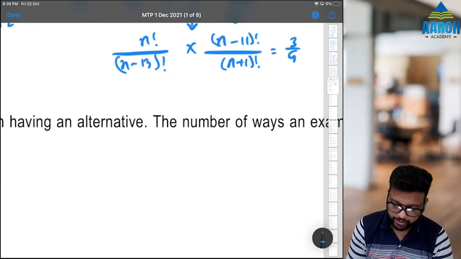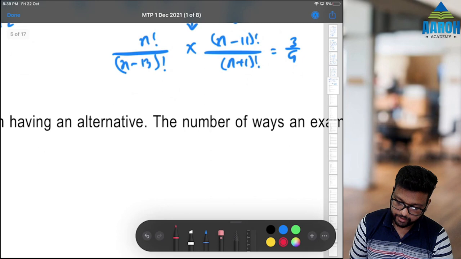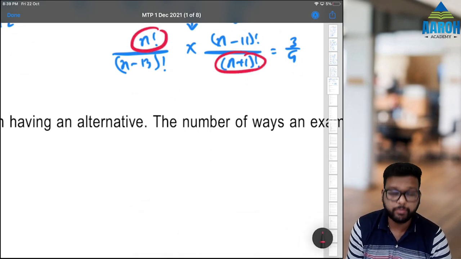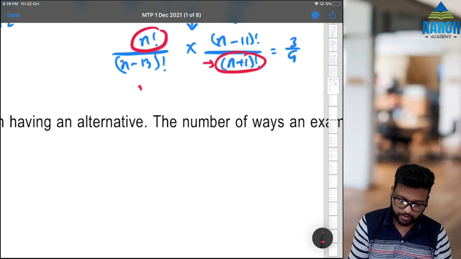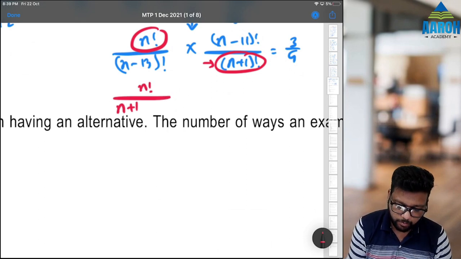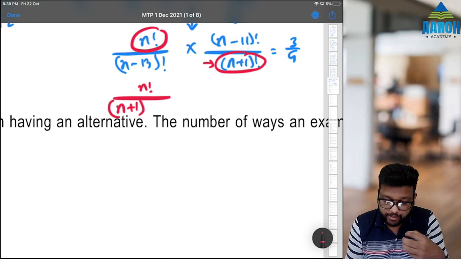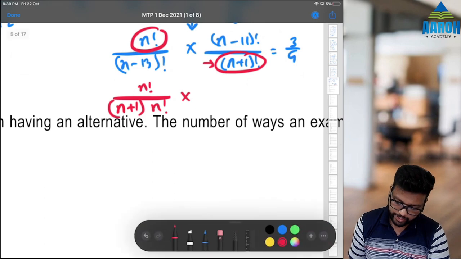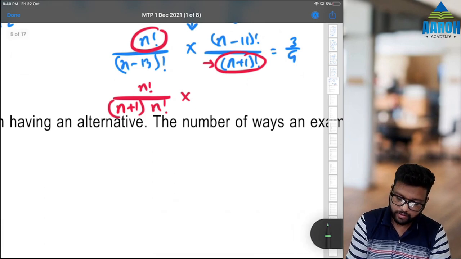Now we can just simplify this. Always do it like this. n and n plus 1. Which one is bigger? n plus 1 is bigger, so expand it. n factorial will keep as it is. (n plus 1) factorial will expand. Before n plus 1 comes n. Again next, same. This and this.